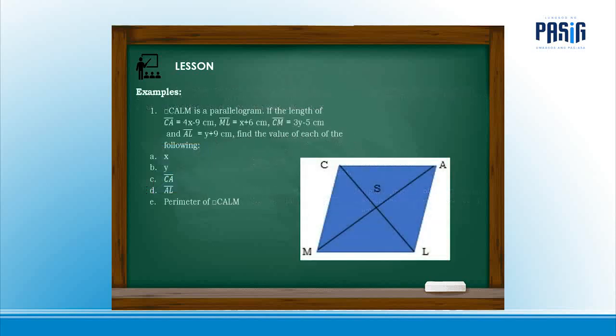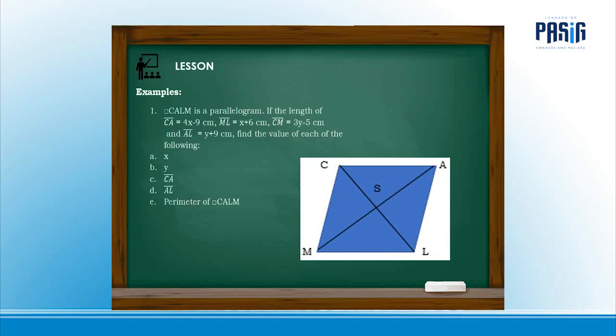To fully understand our lesson, let us have examples. Number 1. Quadrilateral CALM is a parallelogram. If the length of side CA is equal to 4x minus 9 cm, side ML is equal to x plus 6 cm, side CM is equal to 3y minus 5 cm, and side AL is equal to y plus 9 cm, find the value of each of the following.